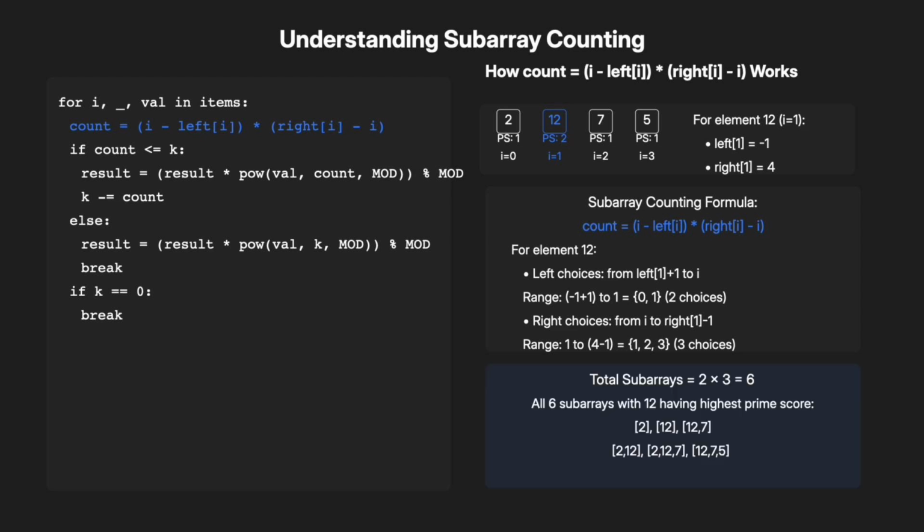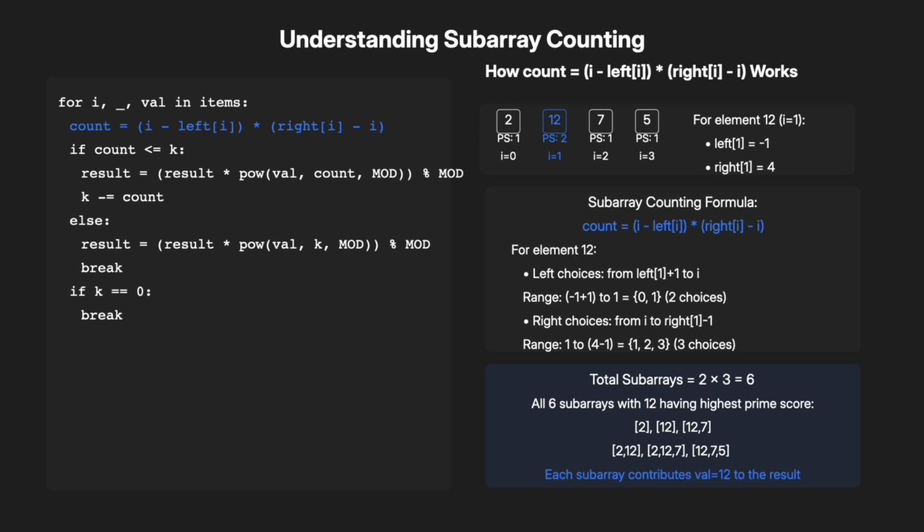Multiplying these options gives us 2 times 3 equals 6 total subarrays: [2, 12], [12], [7, 2, 12], [2, 12, 7], [12, 7], and [12, 7, 5]. In each of these subarrays, 12 has the highest prime score, so each contributes value 12 to our final score calculation.